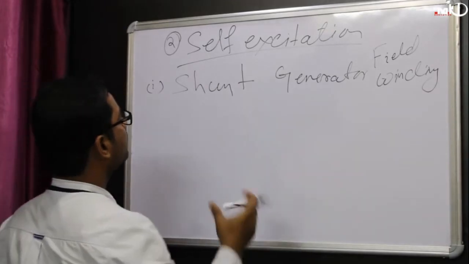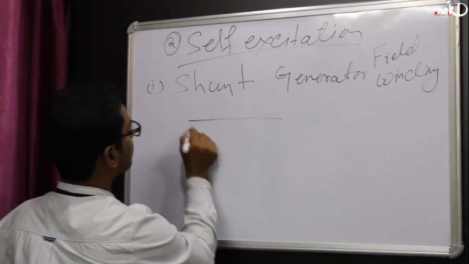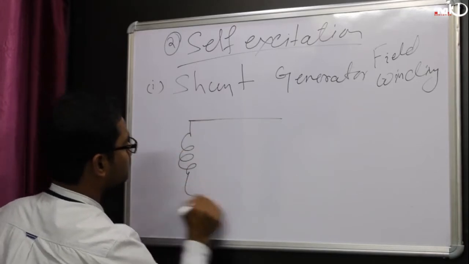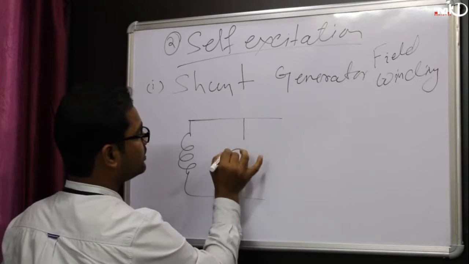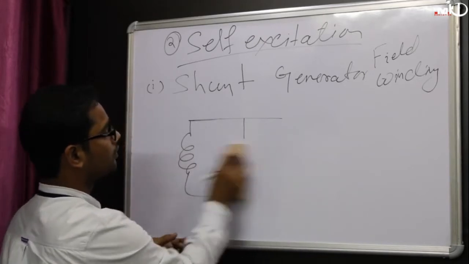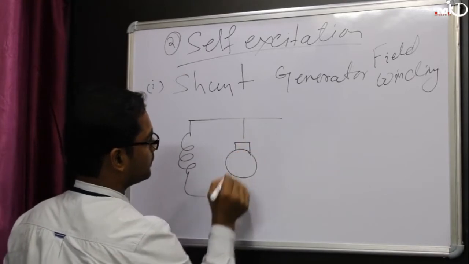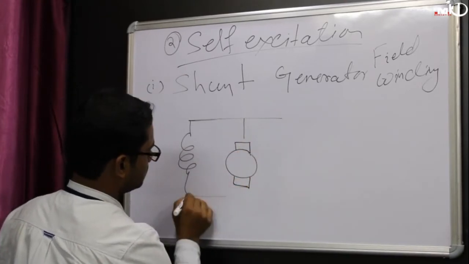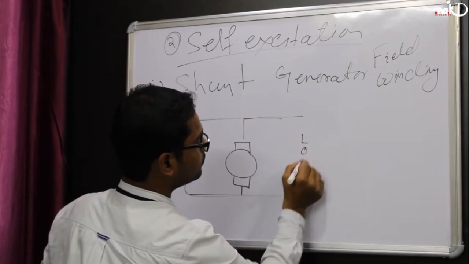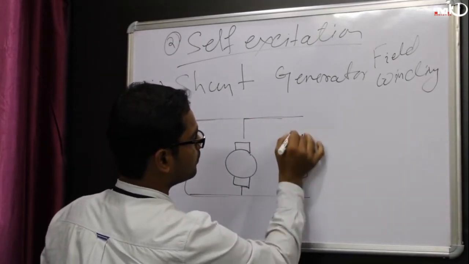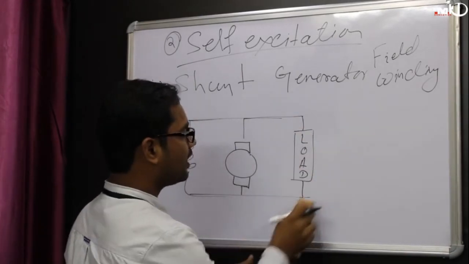So what happened here? The shunt means one winding is present, and here the armature is present, and the load is also present here.